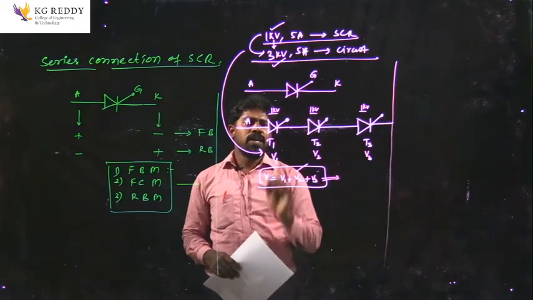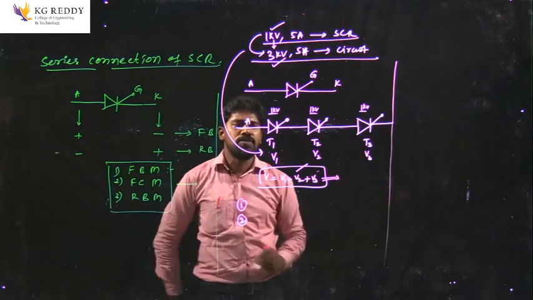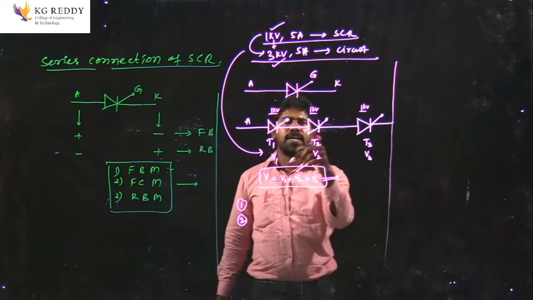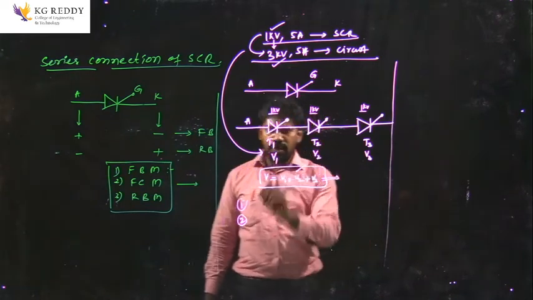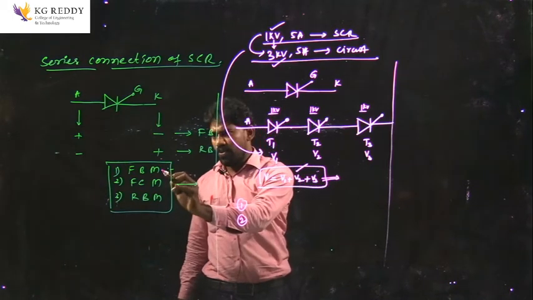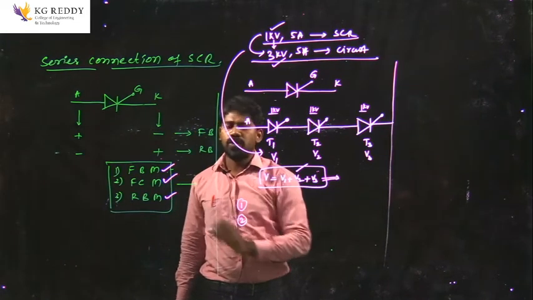Practically, we are facing two different types of problems. What are the problems we face by connecting SCRs in series? We already know the forward blocking mode, forward conduction mode, and reverse blocking mode.